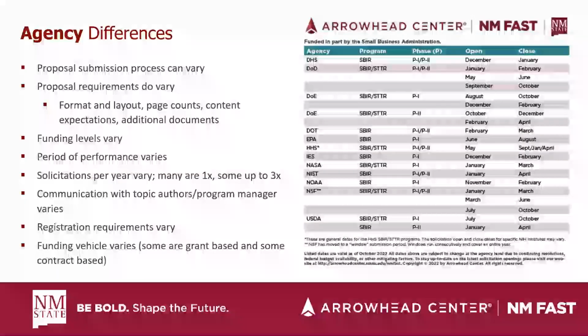Okay, agency differences. So we touched on a lot of these, but these are some of the important ones. The submission, and it will vary. So the proposal submission will vary based on the agency and based on the components within that agency. The proposal requirements also vary. So how DoD wants you to format and lay out your proposal package is going to be very different from NIH, for example.